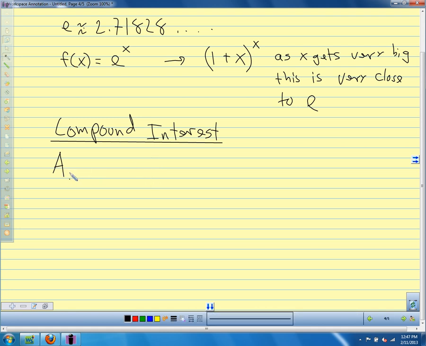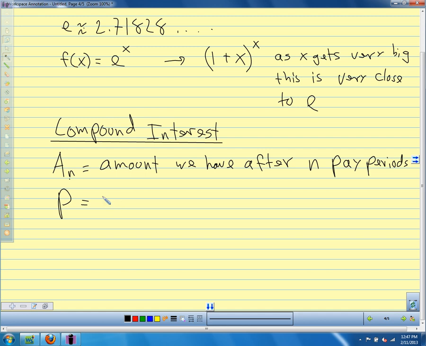A_n is the amount that we have after some number n of pay periods. And we're going to let P be the principal. That's the amount that we start with, the amount we invest.